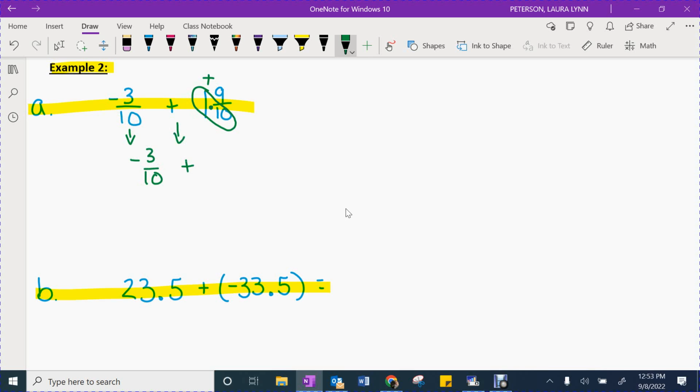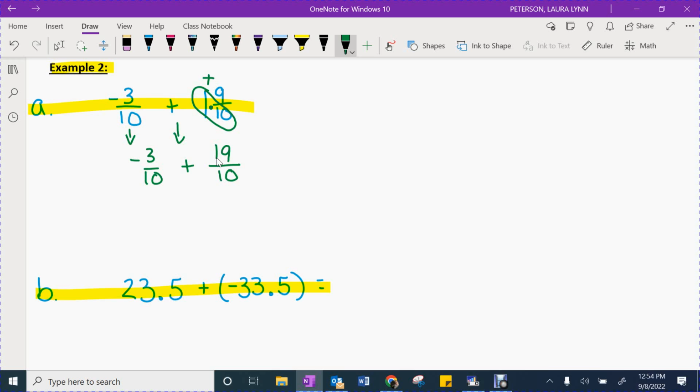It's still on the left side of my page. Converting this mixed number, I end up getting 1 times 10 is 10. 10 plus 9 is 19 over 10. Well, because we're dealing with fractions, you also need to check, do you have a common denominator? And you do. It's 10.